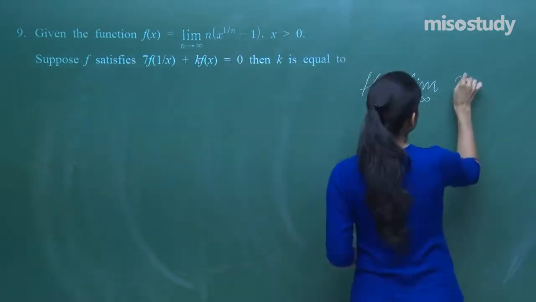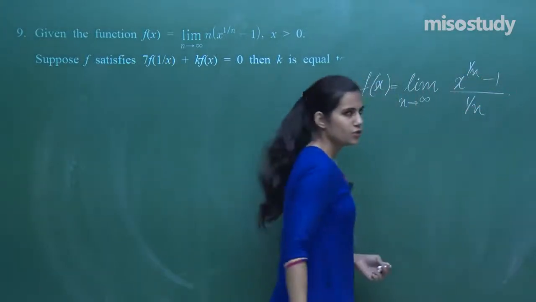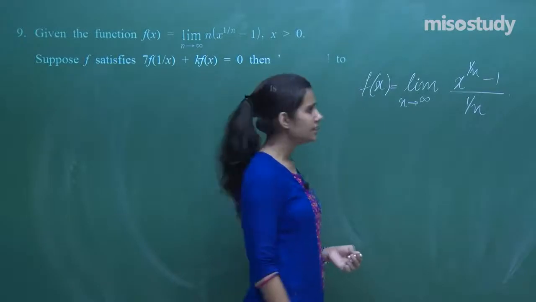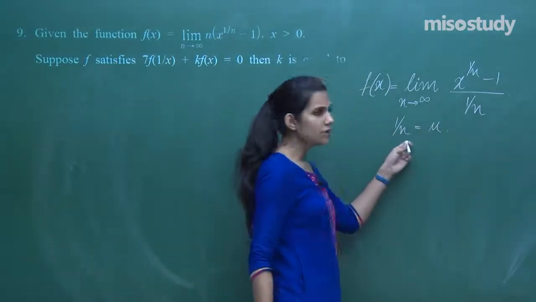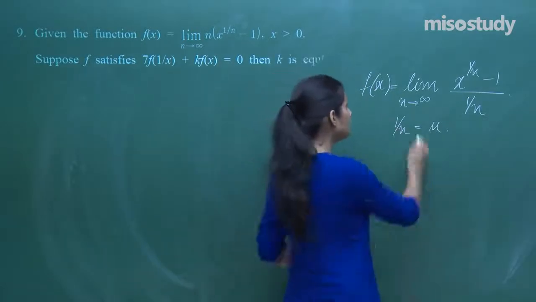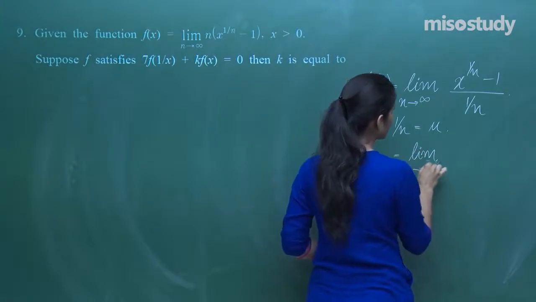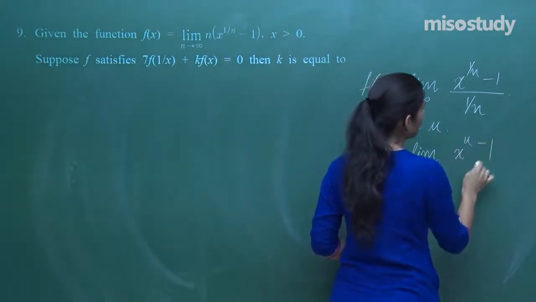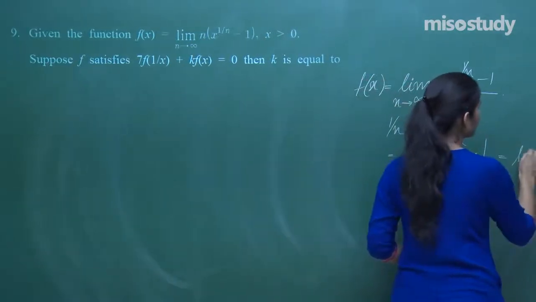I can write this alternatively as this, so that the power of x and the denominator are exactly the same. Now I can say 1 by n if you consider as u, as n tends to infinity, 1 by n tends to 0. So limit n tends to infinity gets converted to limit u tends to 0, x to the power u minus 1 whole upon u, and you know this is nothing but log x.